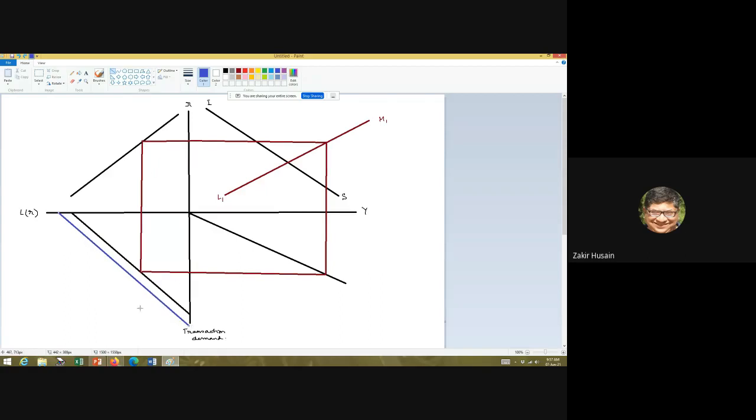So for the same rate of interest, if we just draw the curve, this will become LM2.